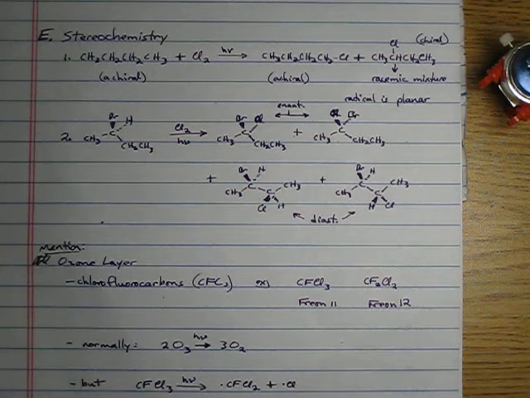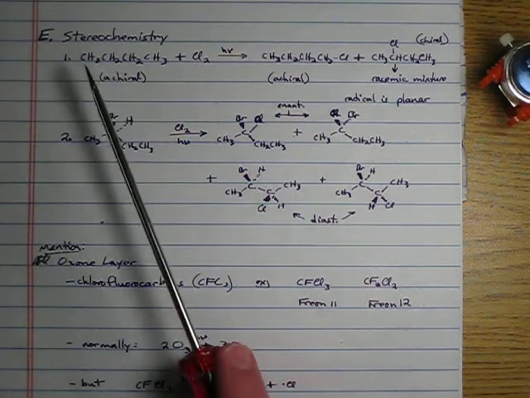That's right, a 50-50 mixture of each side. So if your radical carbon becomes a carbon with 4 different groups on it, you've got a chiral carbon at that point, and you're going to get a racemic mixture.